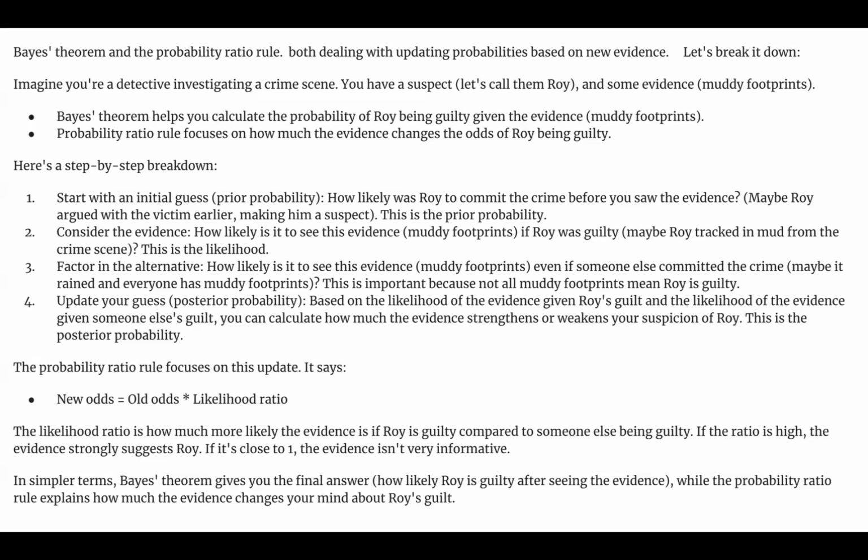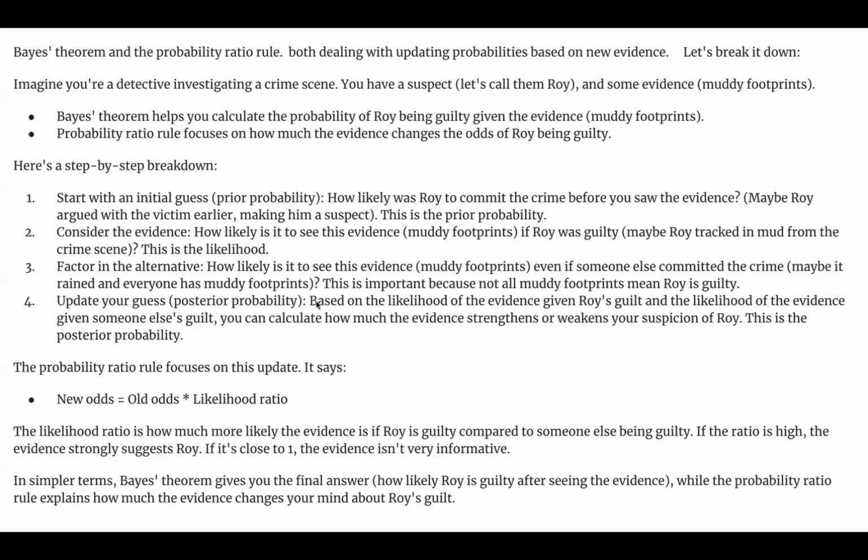So that's what you start your initial guess with, or initial probability. Then, based on new evidence, when you investigate, how much that probability changes. So let's say you find muddy footprints which match Roy. Then that increases the initial probability that Roy is guilty.